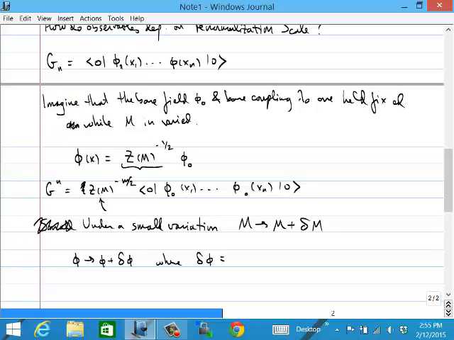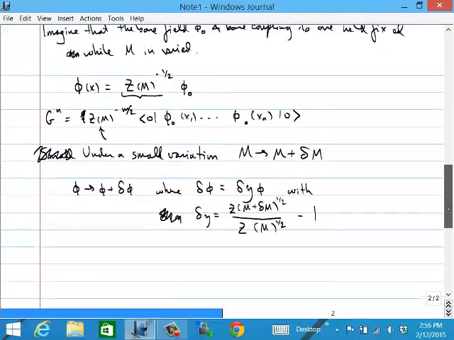Typically this is called eta, so we'll call it delta eta times phi, where delta eta just takes into account the fact that this wave function renormalization z is changing. So it's just z evaluated at m plus delta m to the 1/2 over z evaluated at m, minus 1.